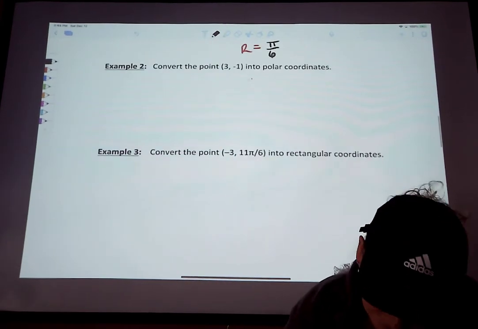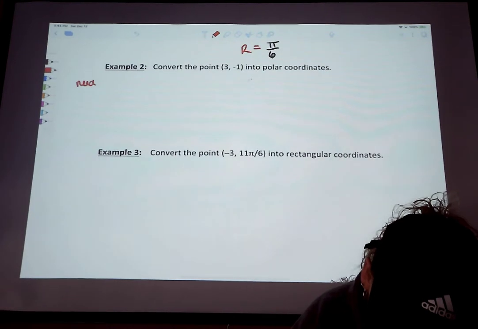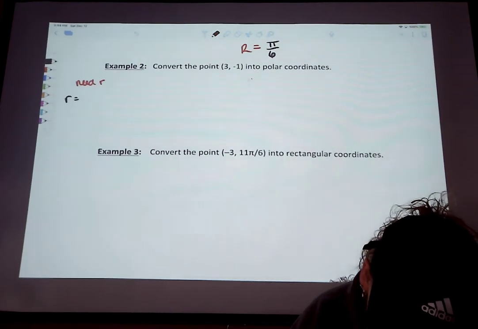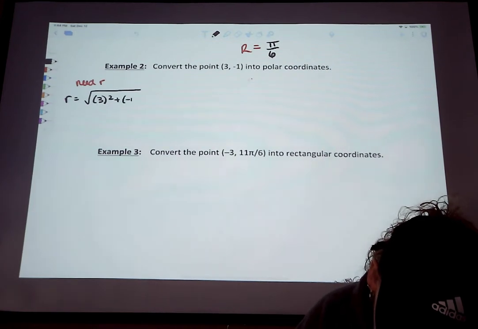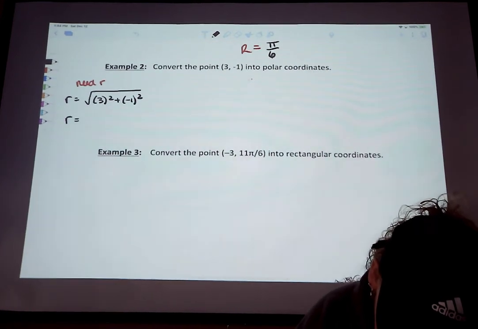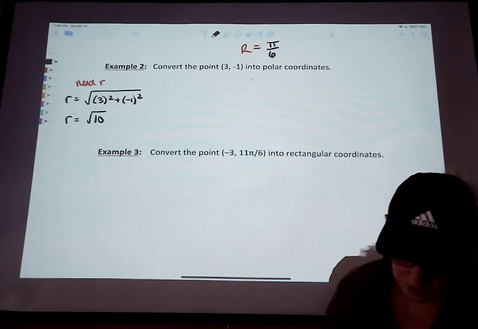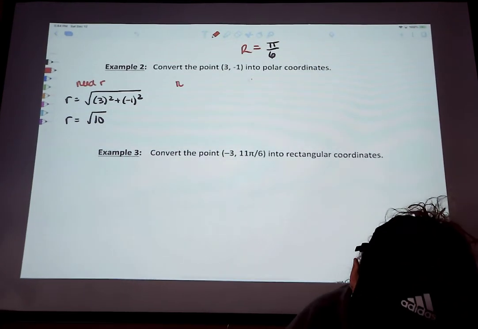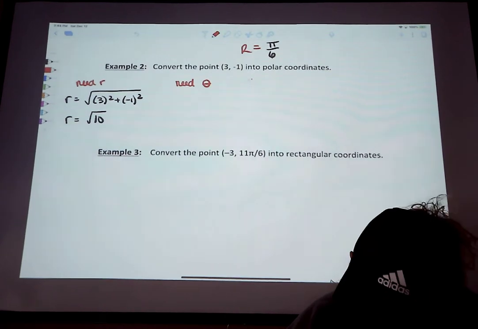All right, let's do it again. We need r. We need theta, but first, I'm just going to find my reference.